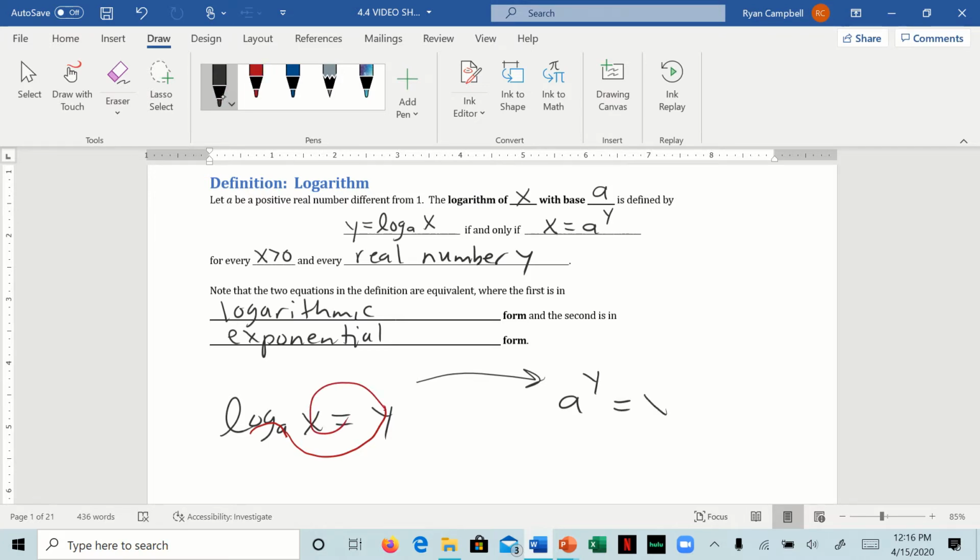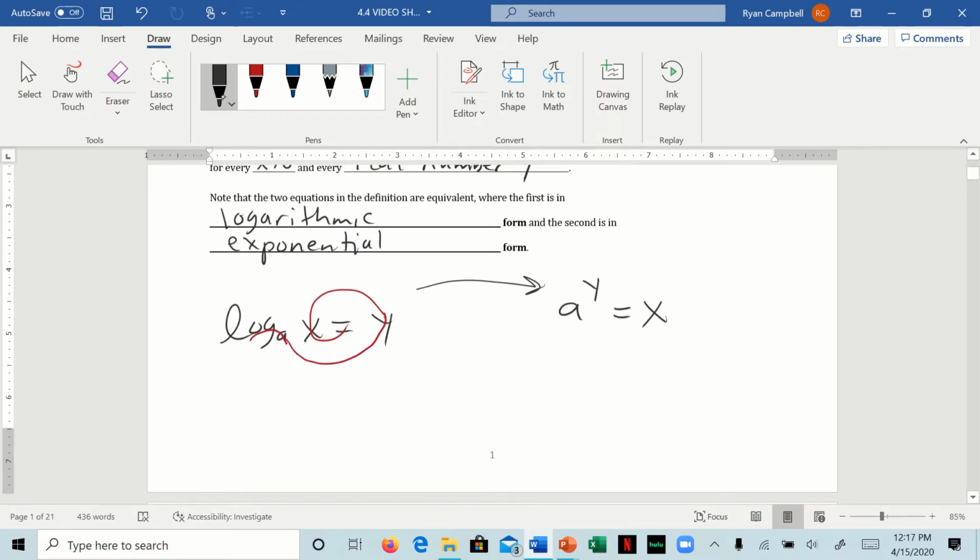And if you notice, it kind of looks like a snail. You can actually do that the opposite way as well. If we want to rewrite it, we could say it's log base a of x equals y. And again, it kind of looks like a snail.